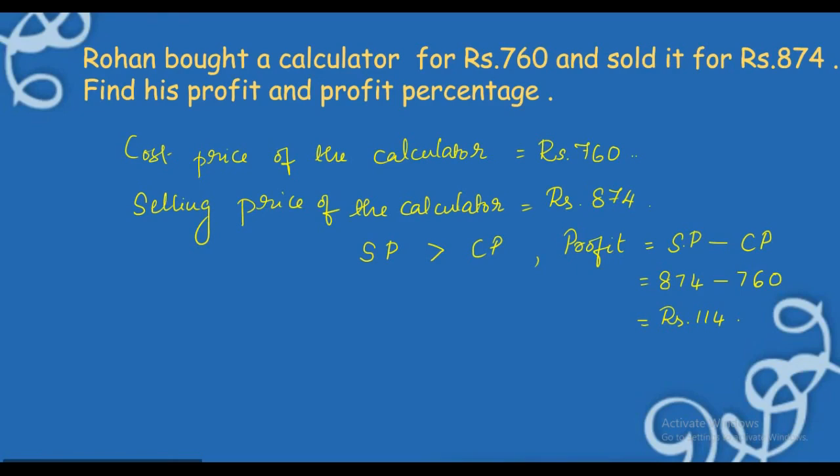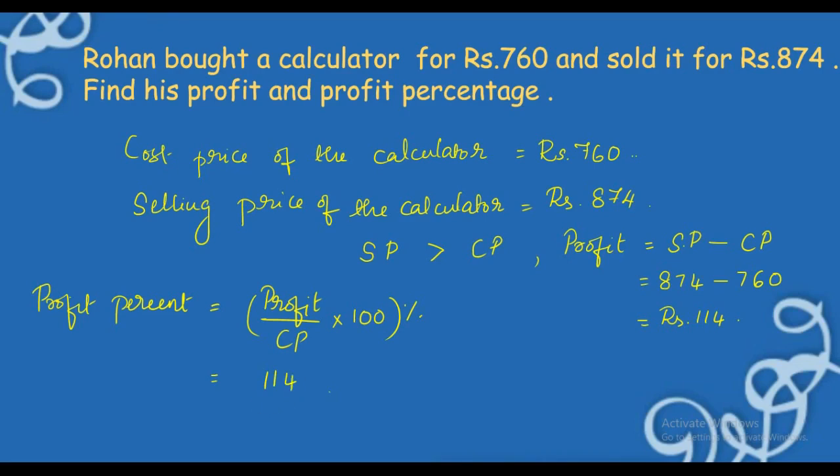To find the profit percentage, we have the formula: profit percentage is equal to profit by CP into 100 percentage. The cost price is here itself. So let's substitute the values here: 114 as the profit and the cost price 760, into 100 percentage.